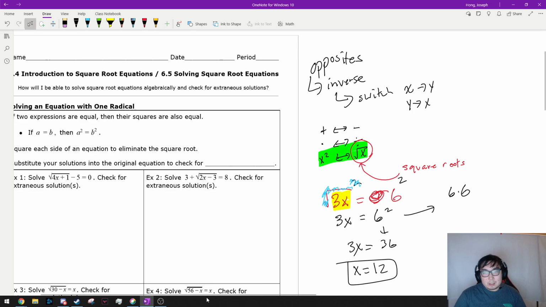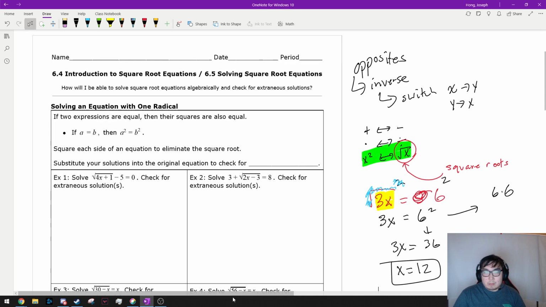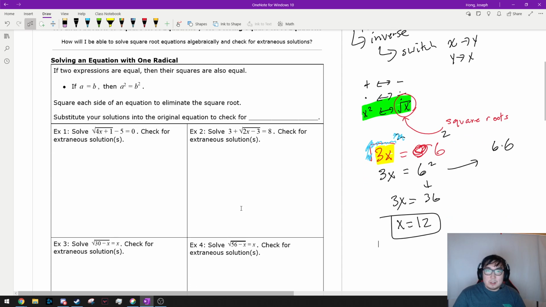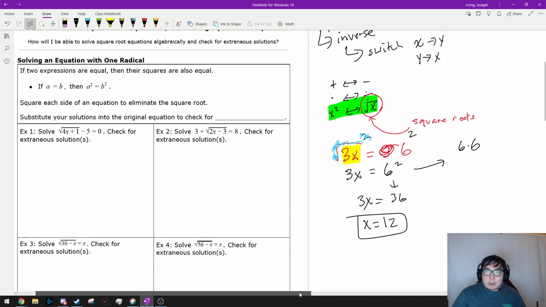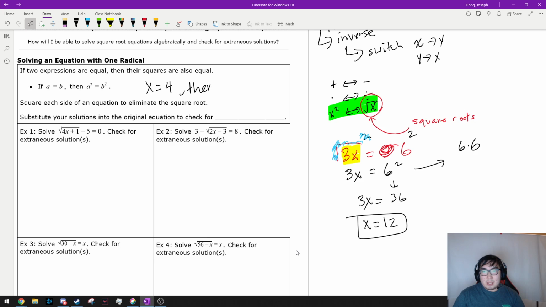So just a nice little reminder of what we learned from previous lessons. There's a rule that we have to talk about first: if two expressions are equal, then the squares are also equal. So if I have that x is equal to 4, then x squared is equal to 16.